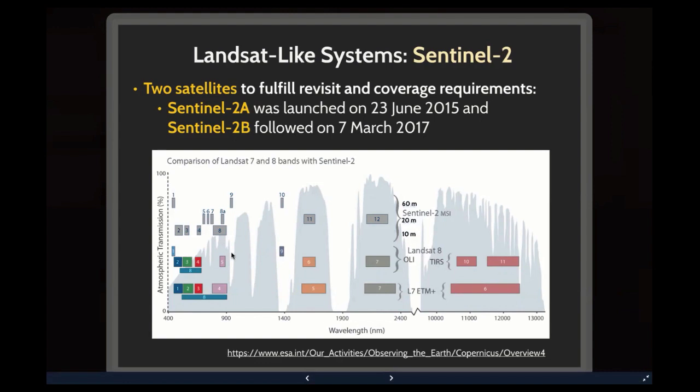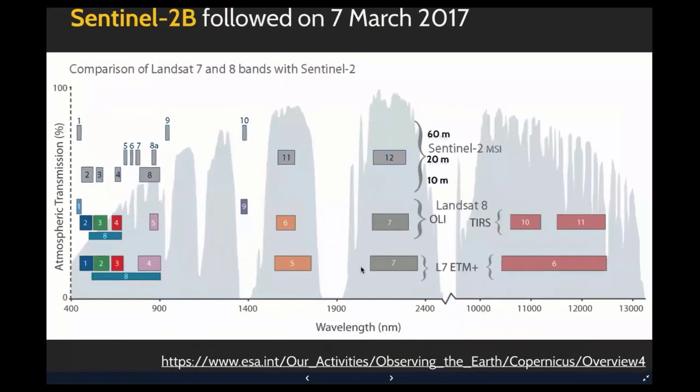Just for a comparison between Landsat 7, 8 and Sentinel-2, they give you the labeling here of the different portions, and I highlighted them because the original image wasn't clear. Let me zoom in here. The best resolution of Sentinel-2 is 10 meter, which is essentially some of their visible portion and also their near infrared portion.